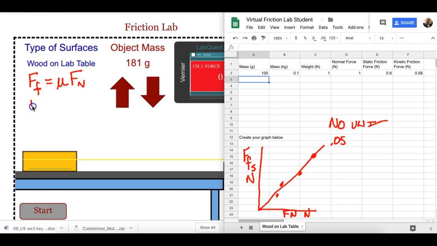So when we graph it, remember this is your y-axis, this will be your slope, so slope is m, and this is your x values. And so that should help a little bit as you go through. Our slope is going to then tell us what the coefficient of friction is. And that is just the basics of how to do the lab.